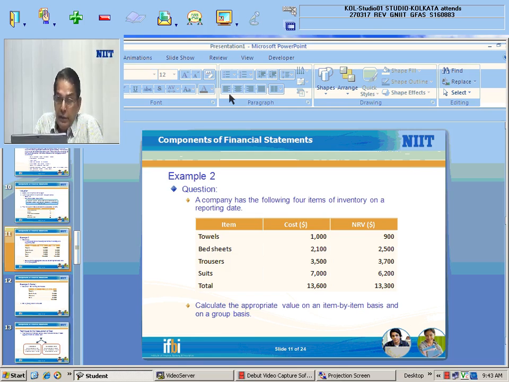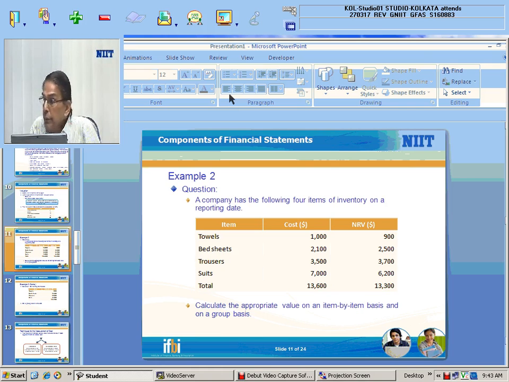Now we can do the valuation of the inventory as on the reporting date, either on an item by item basis or on a group basis. If we do it item by item, for the towels the cost is 1,000 and the NRV is 900. For subsequent measurement, what should be the value of the inventory?